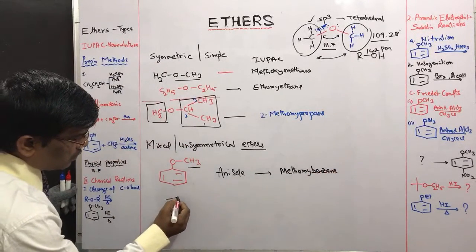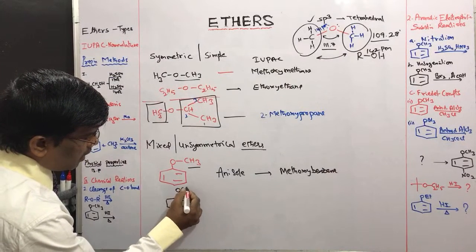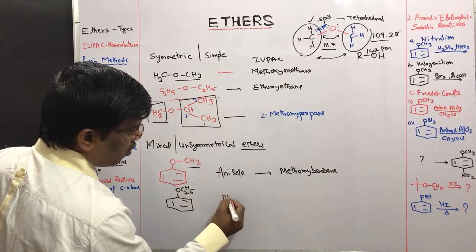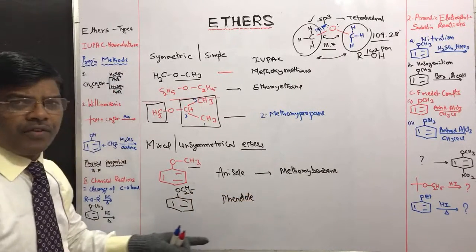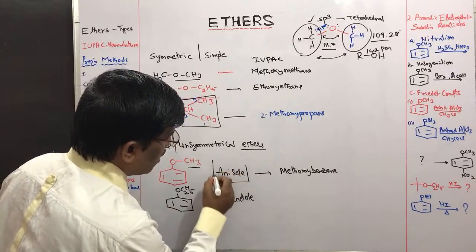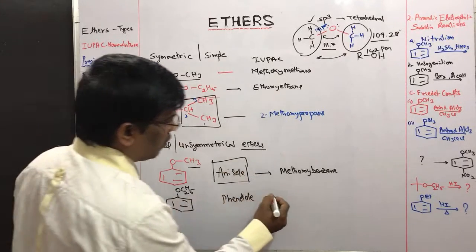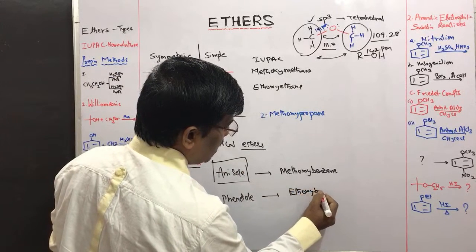When it comes to ethoxy, you can name it the same way: C2H5 phenyl ether. It is rarely used in reactions. Anisole is a common reagent or starting material for different types of reactions. So this one is ethoxybenzene.